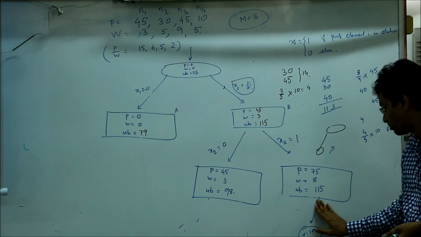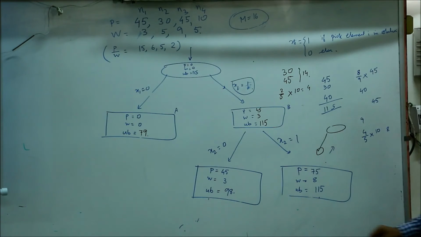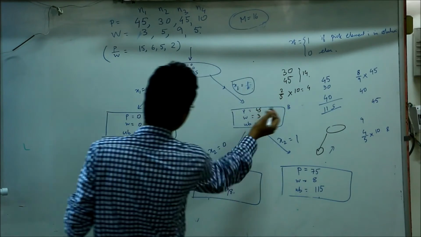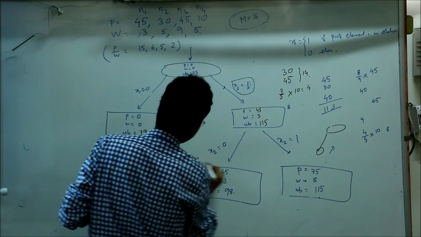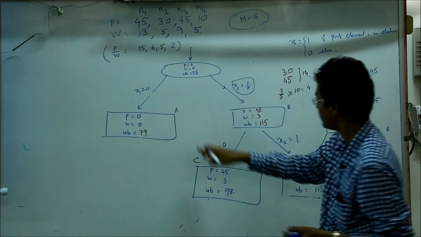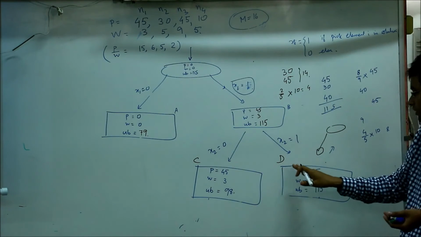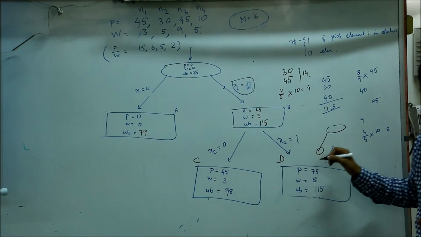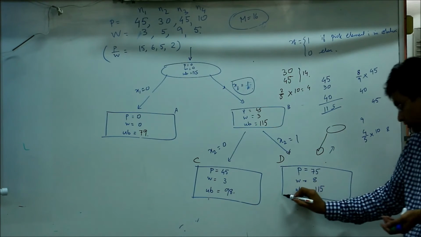Okay, so just to complete this example, here again we see, what are the live paths here? So A, this is C and this is D maybe. So A, C and D are the live paths, and we will visit the path which has the maximum upper bound, maybe here D, so we will come here, right, because it has the maximum upper bound.